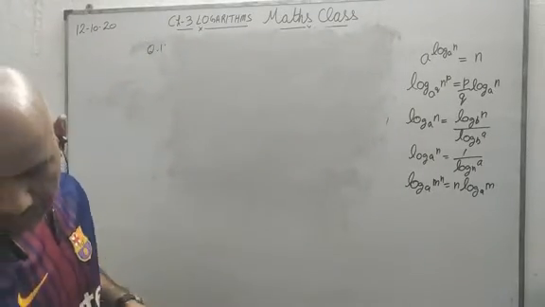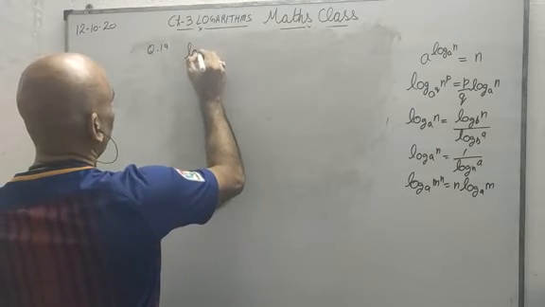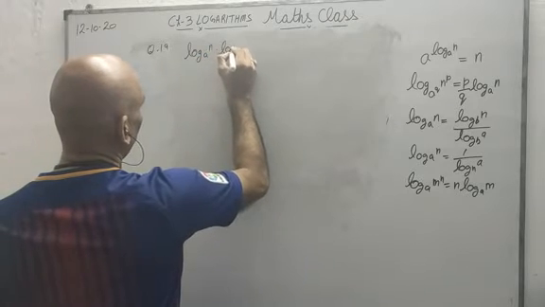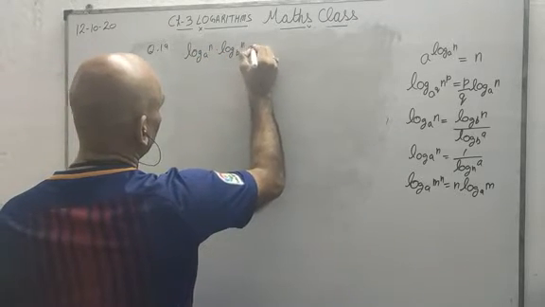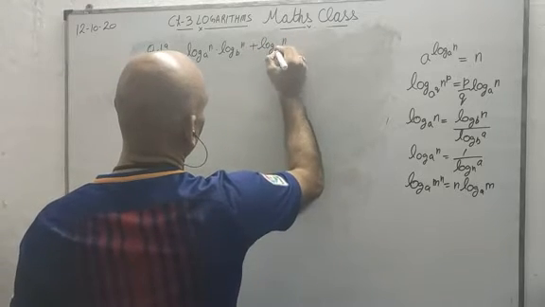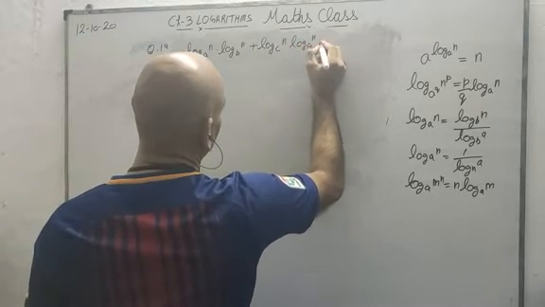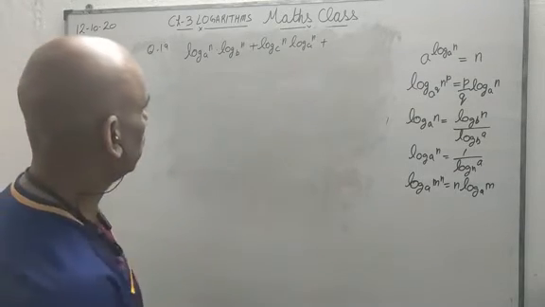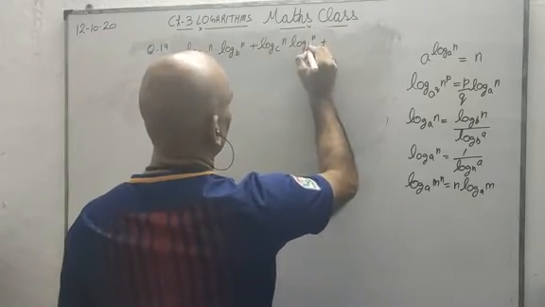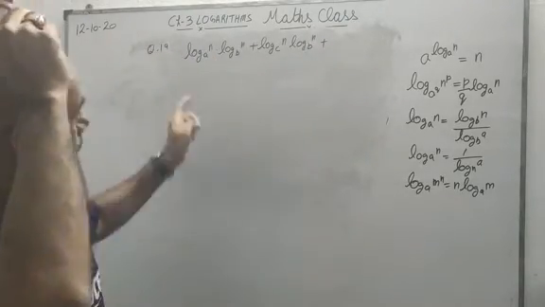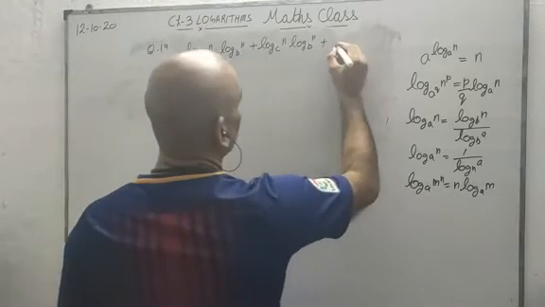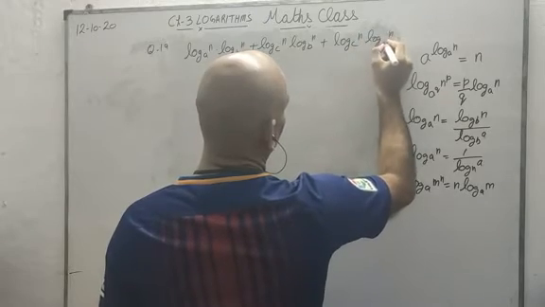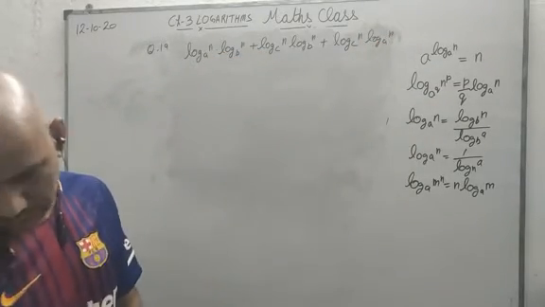In question number 19, he is saying: log n base a into log n base b, plus log n base b into log n base c, plus log n base c into log n base a.